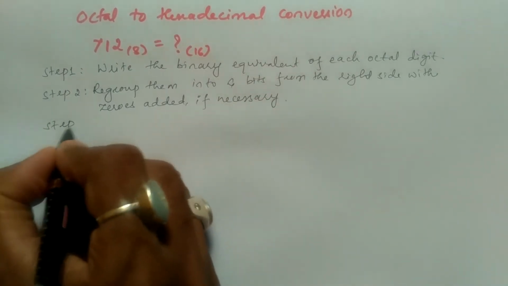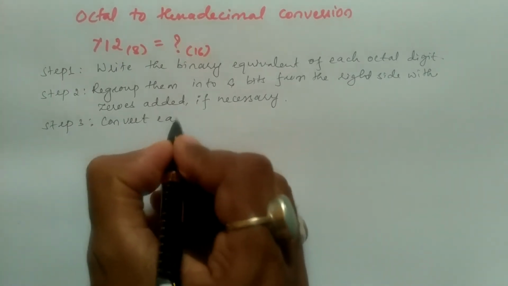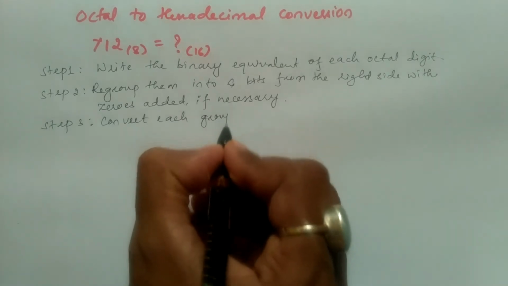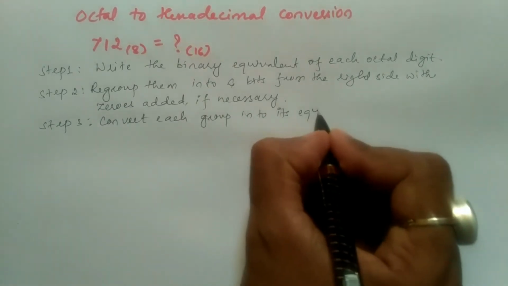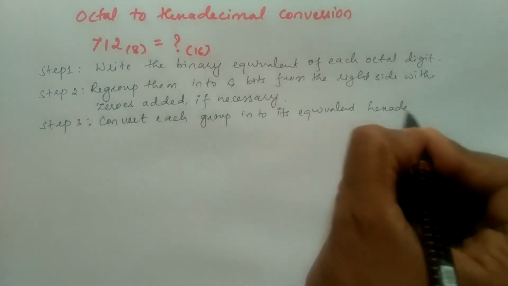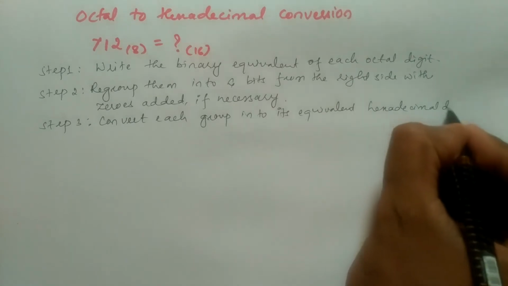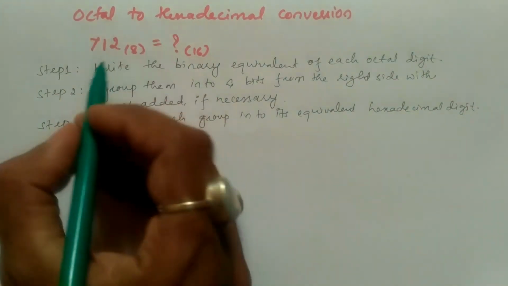Step 3, convert each group into its equivalent hexadecimal digit. Now let us come back to the given example.